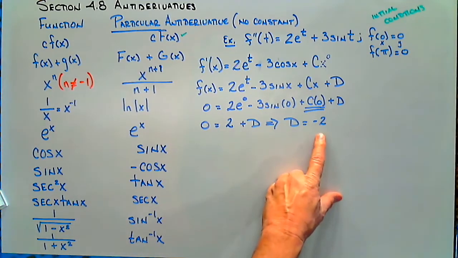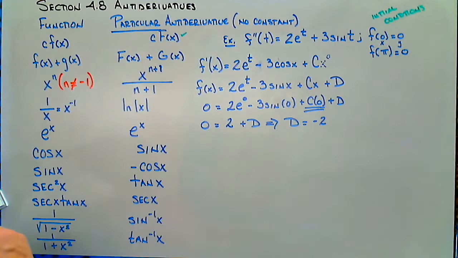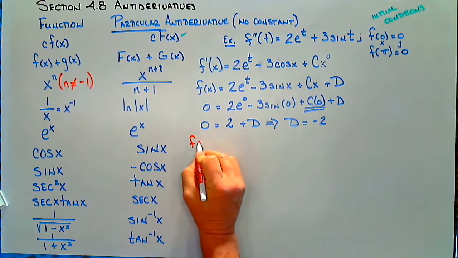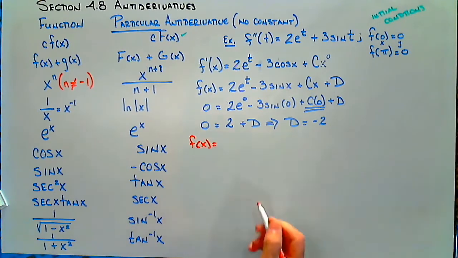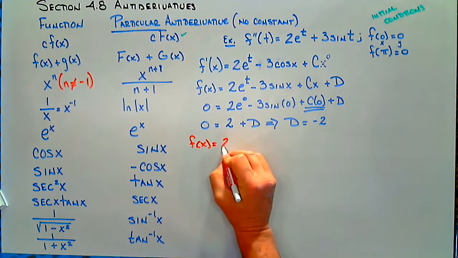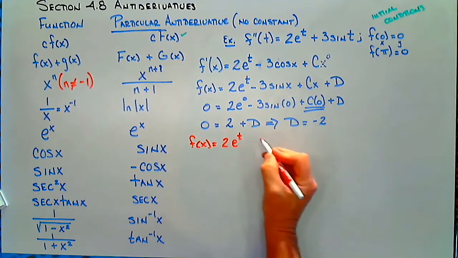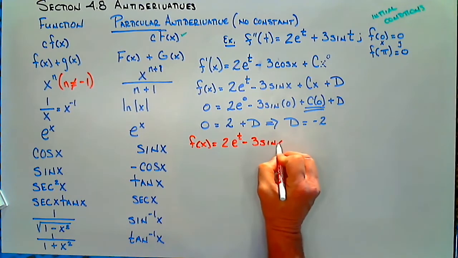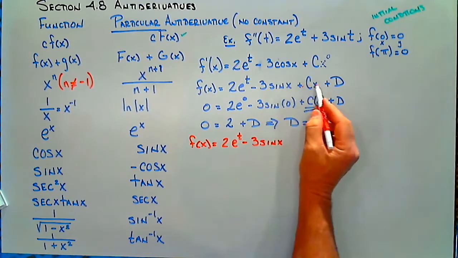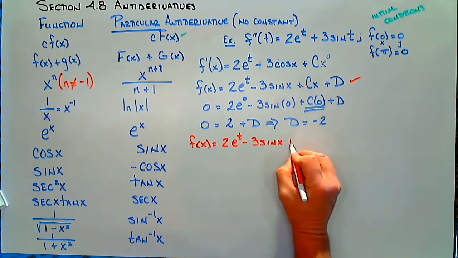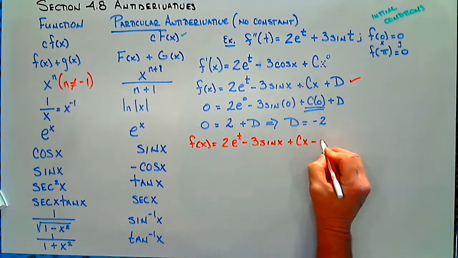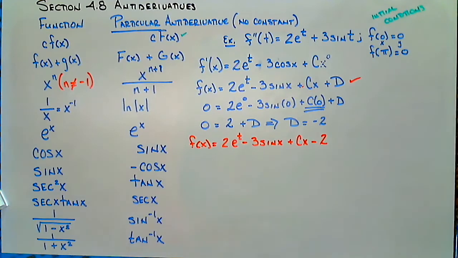Now, as soon as you get D equals -2, as soon as you find that, you need to go back and rewrite your antiderivative. I'm going to rewrite it in red, show that I'm making progress. So I have 2e to the t, okay, minus 3 sine x. I'm rewriting this, plus I don't know the value of c, so I'm going to write that as cx, but I do know d is -2.